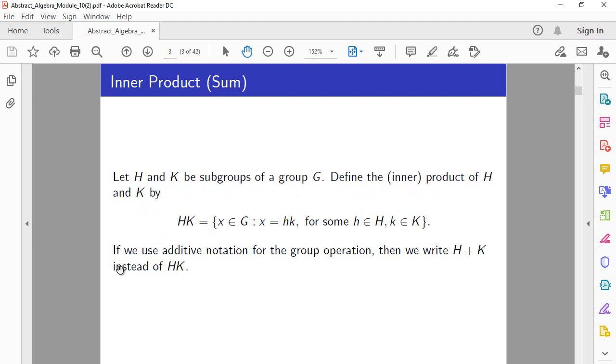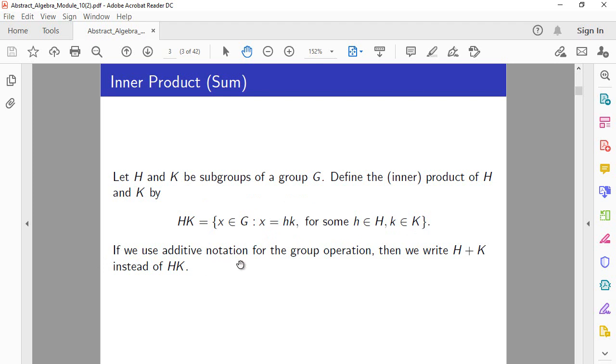The inner product of H and K is denoted by HK, and it is the set of all elements X in G such that X is equal to H times K, for some H in H and K in K. So basically HK consists of products of the form HK, where H is coming from H and K is coming from K.